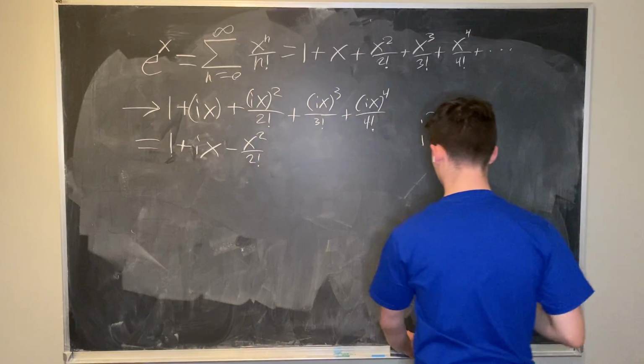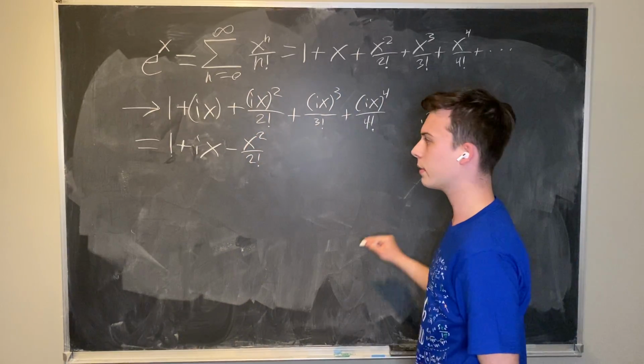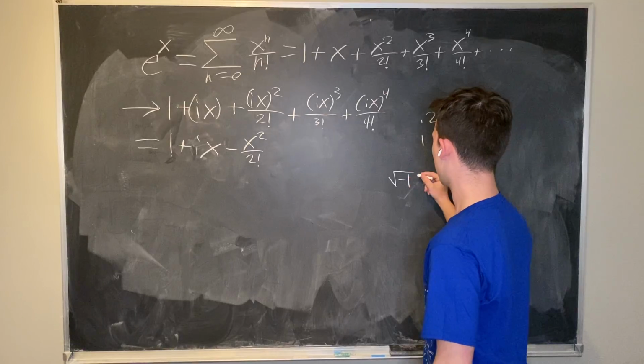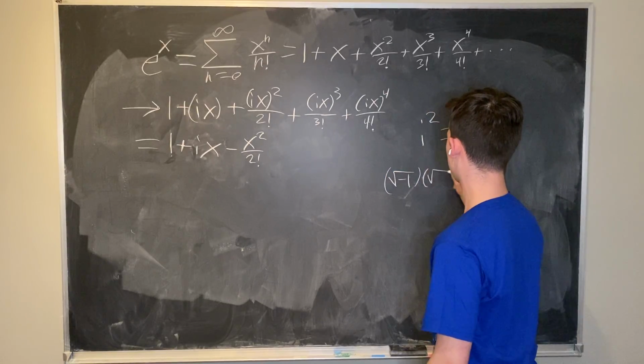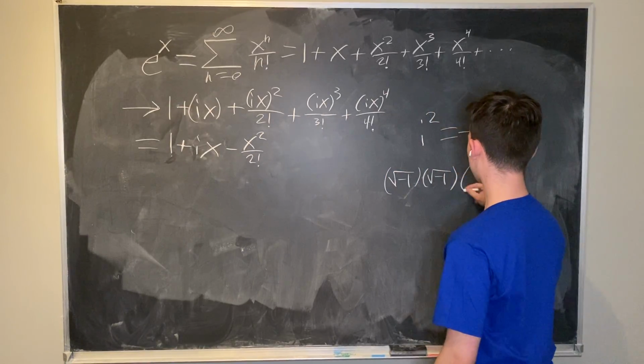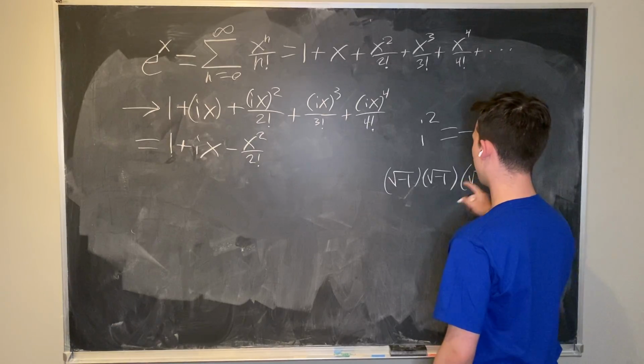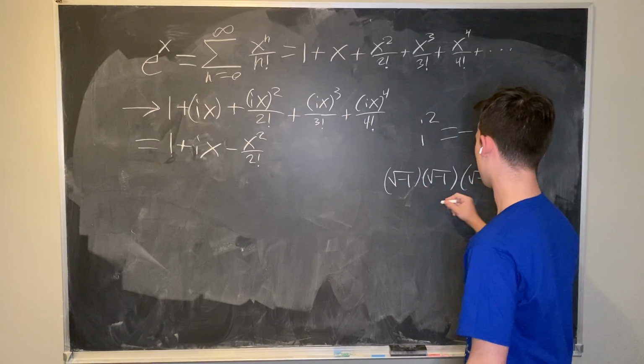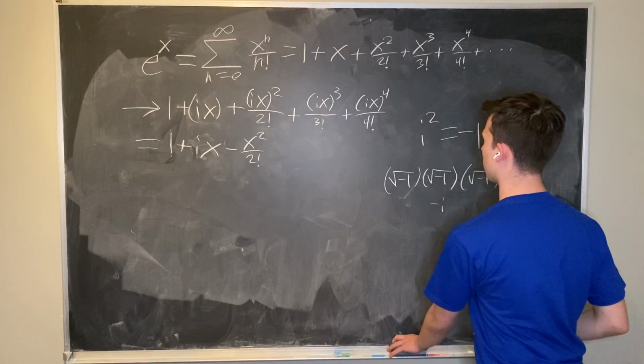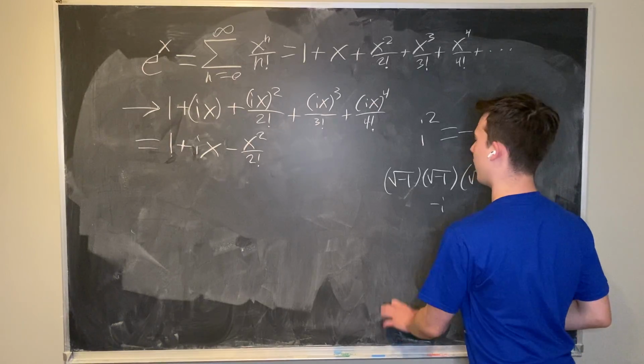And now, i is the square root of -1, right? So square root of -1 times the square root of -1 is -1, times i, which is -i, right? So we all know that i cubed is equal to -i.